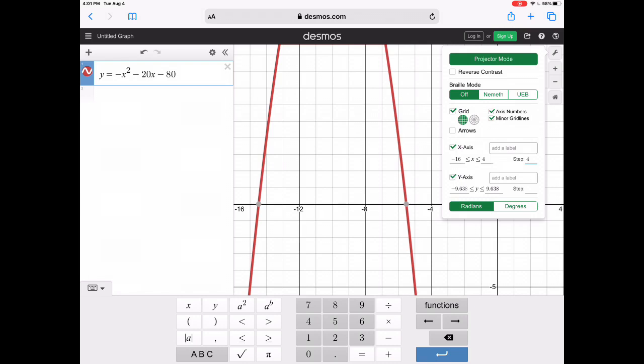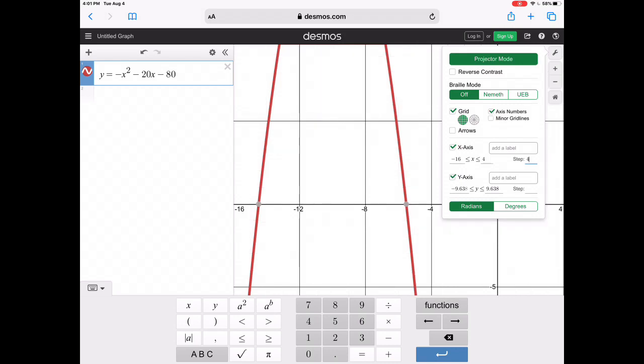So we can see that we're counting by 4. We still have quite a few extra vertical lines. So if you do want to get rid of those, you can uncheck the box next to minor grid lines. That just cleans it up just a bit.